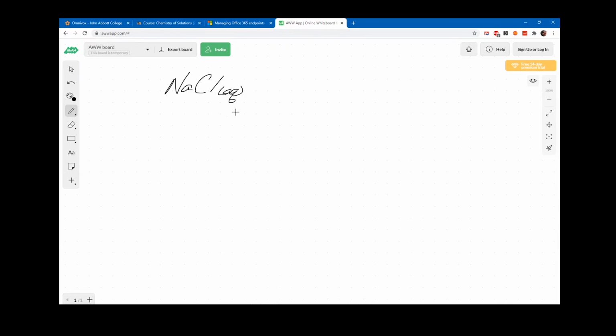But it's important to recognize that this is a shorthand for the fact that we have sodium ions dissolved in water and chloride ions dissolved in water, right? This is more realistic.